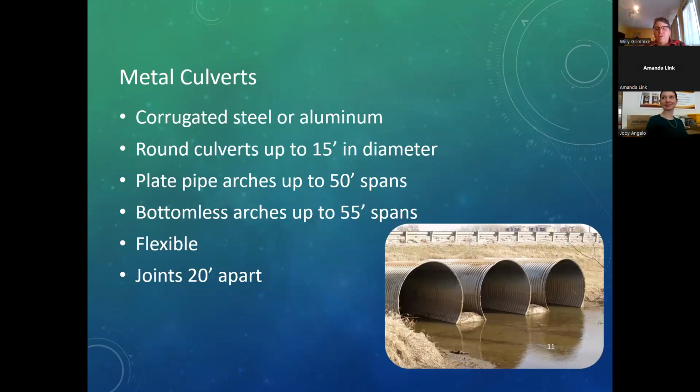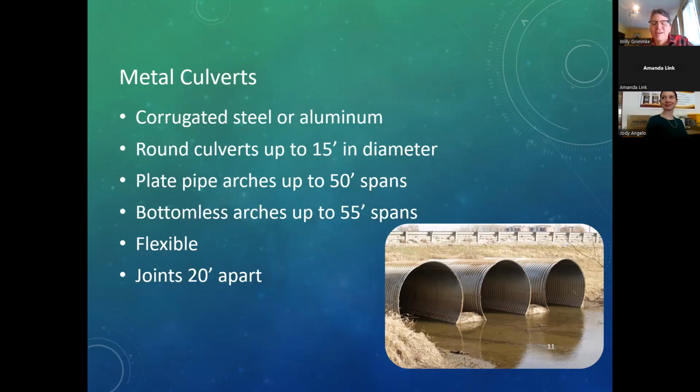And here are some photos of round metal pipe. Here's a trio of them. If the dimension from the spring line of the two farthest ones apart is 20 feet or greater, this would be categorized as a bridge, not just a culvert.